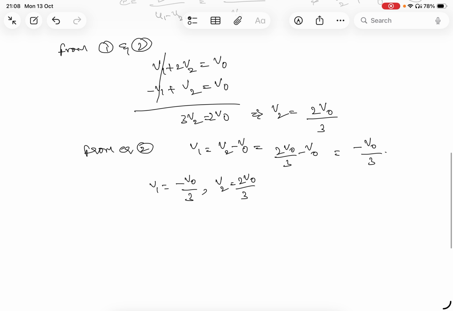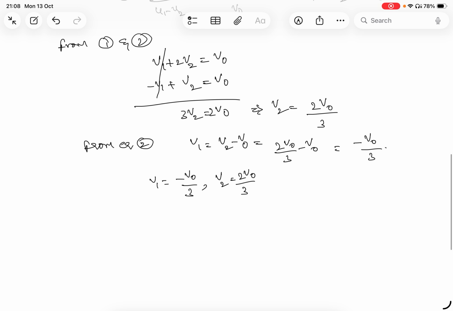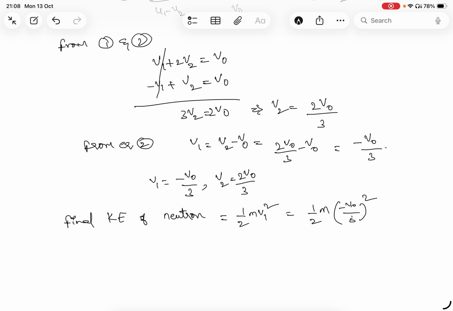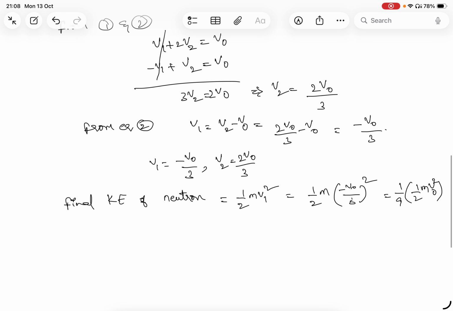So let's figure out the loss of energy. The final kinetic energy of the neutron is half m v1 square, which is half m times minus v0 by 3 whole square, which is 1 by 9 of half m v0 square.